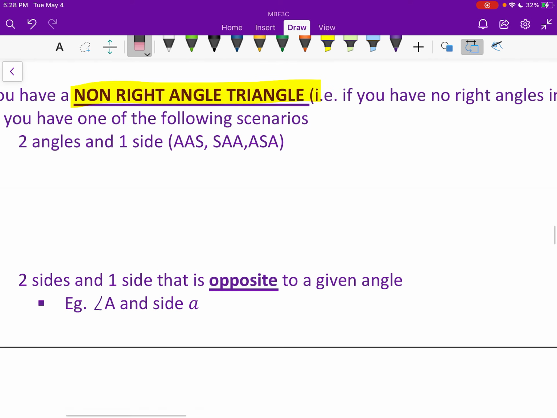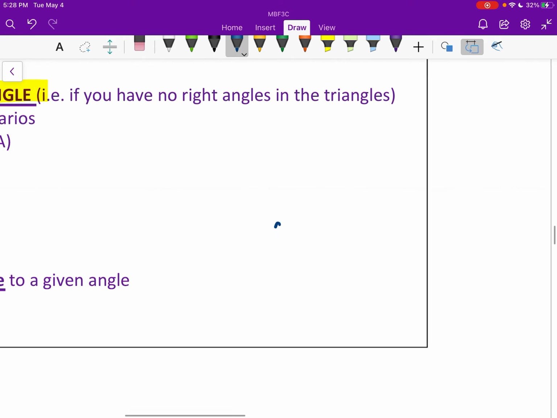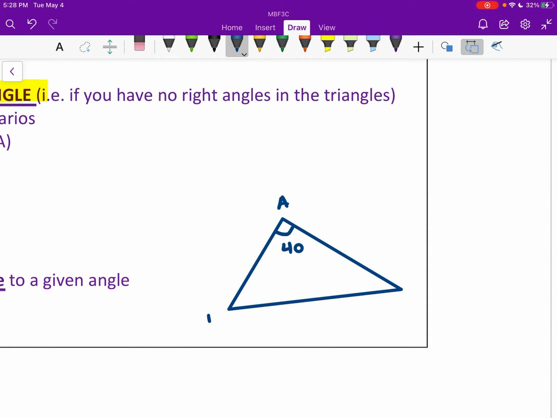Sorry about that. There should be two sides. So if you're given two sides and the angle opposite to one of those sides is given, say I give you this triangle with angles A, B, C, and side A equal to 25, and side B equal to 60.